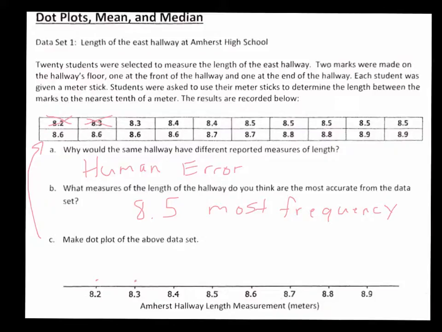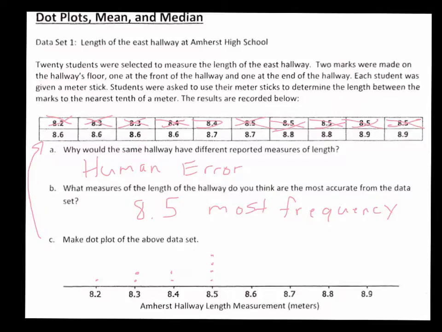8.3, and again cross them off, because you don't want to accidentally mark it more than once. Then your pattern's going to be off, and it's going to look a little bit different than what it really should, and you might come to some conclusions that might not be totally accurate.